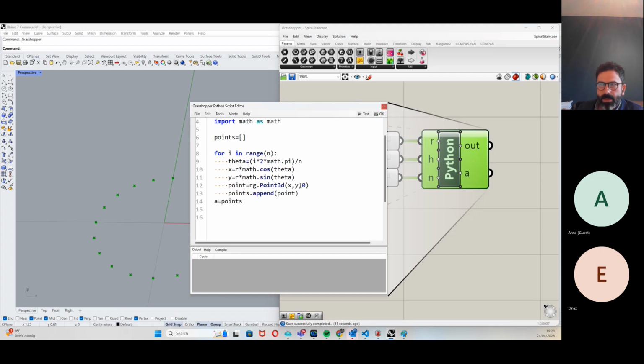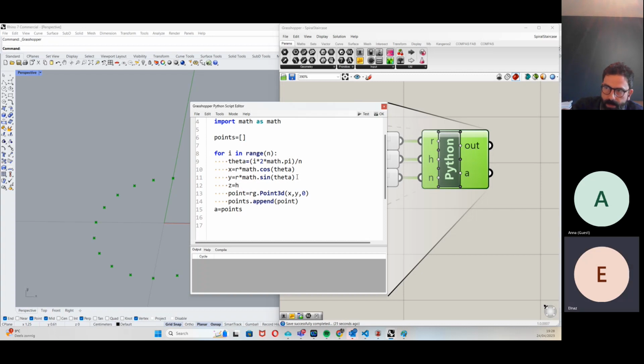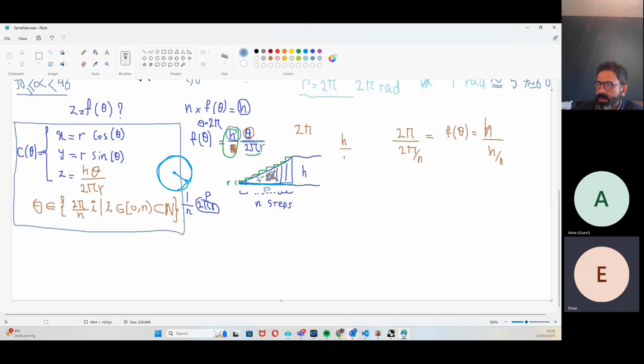Shall we put h also? We have z equals h times, what did we say?